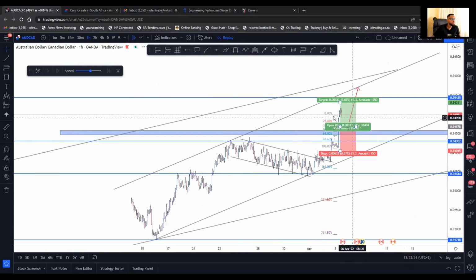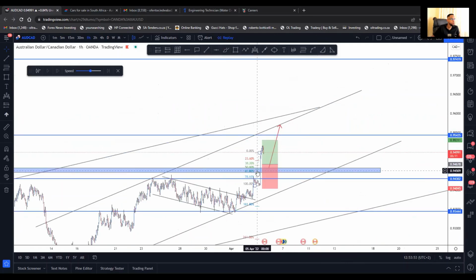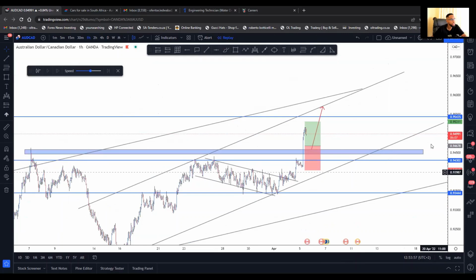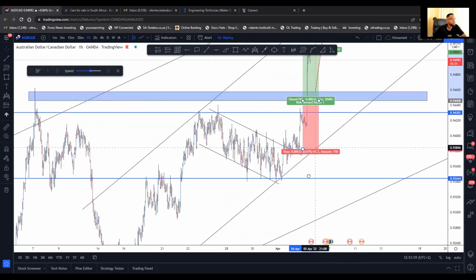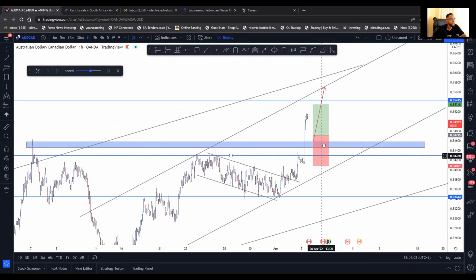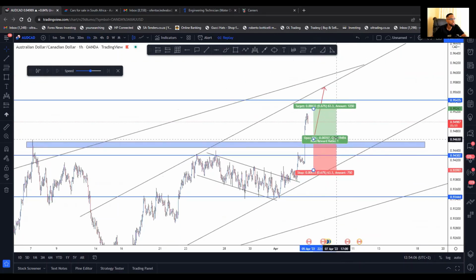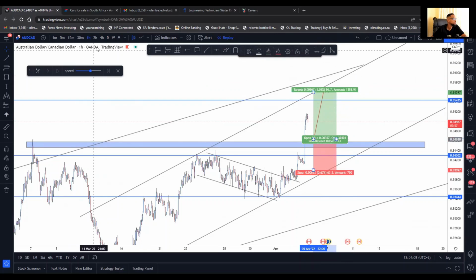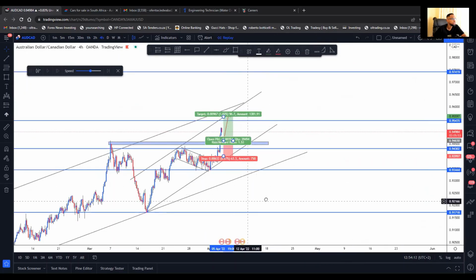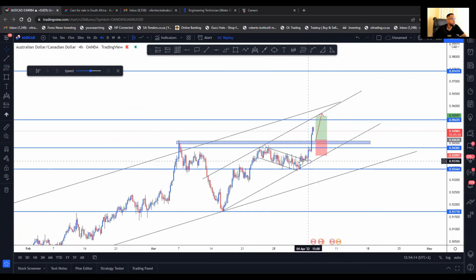On this one, we are waiting for a retracement around this point here. If we can just retrace a little bit, then we'll buy on AUD CAD. I'm taking it to the upside to show you guys why we'll be buying.